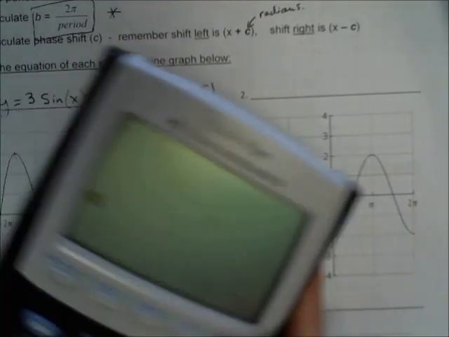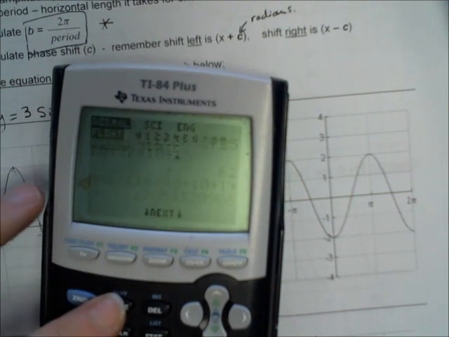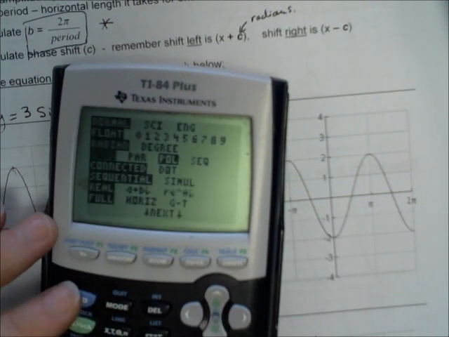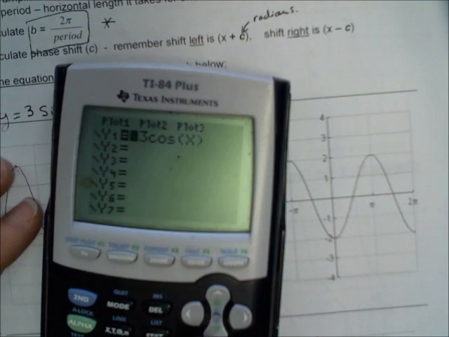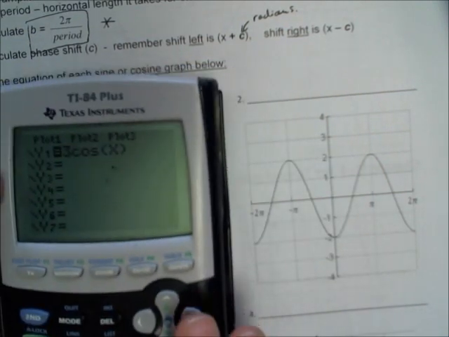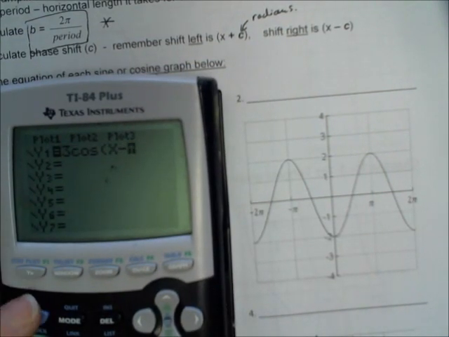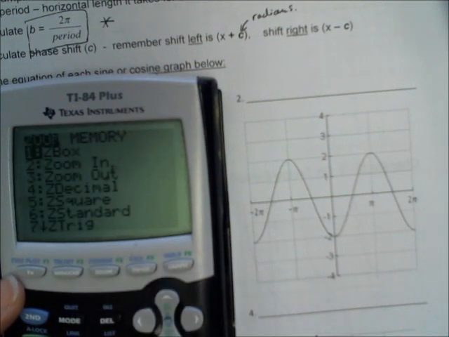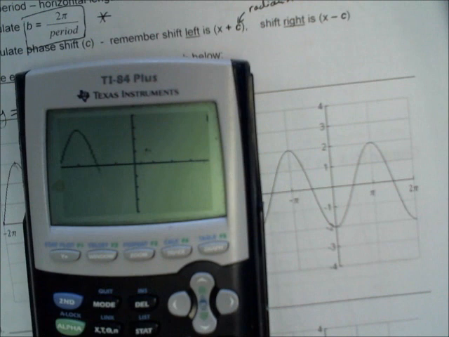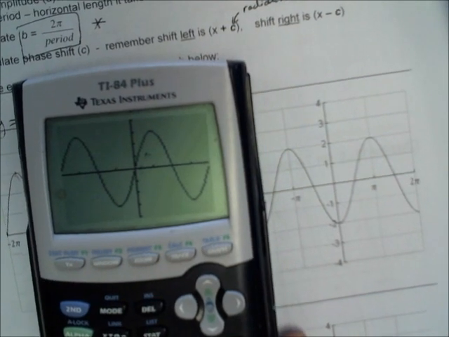We can just check our answer in our calculator here, making sure we're in radians mode. Y is equal to 3 cosine x minus pi over 2. Now zoom trig. So you can see that this matches perfectly.